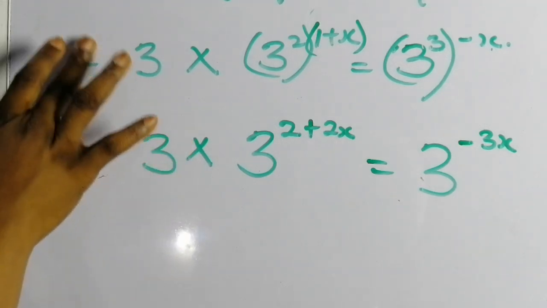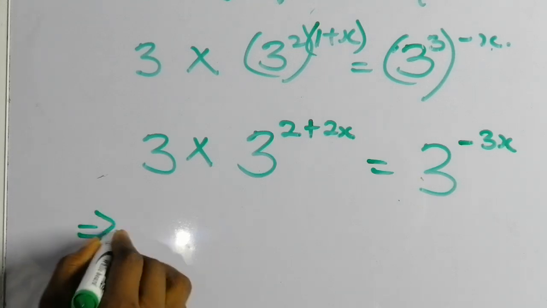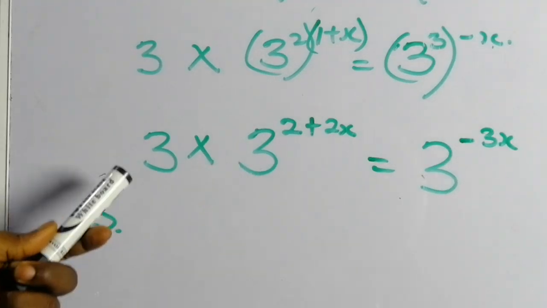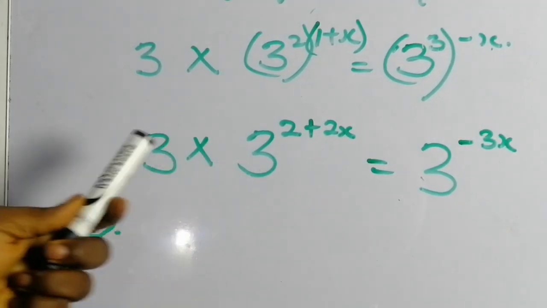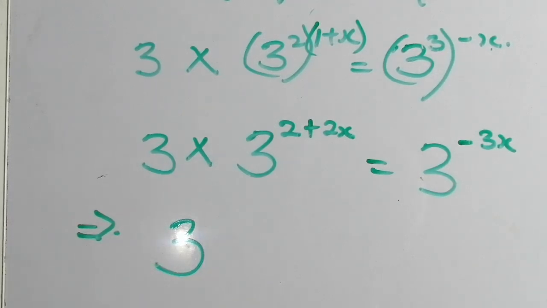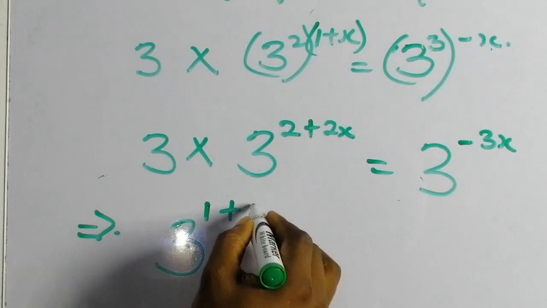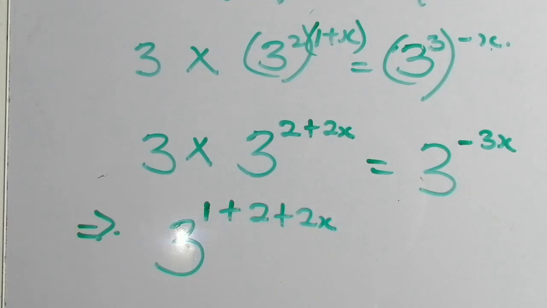Then at the end of the day, don't forget, we have the multiplication law in indices. What do you do? Pick one base, then add the powers. So this is the same as saying 3 raised to power 1 plus 2 plus 2x. Very simple.